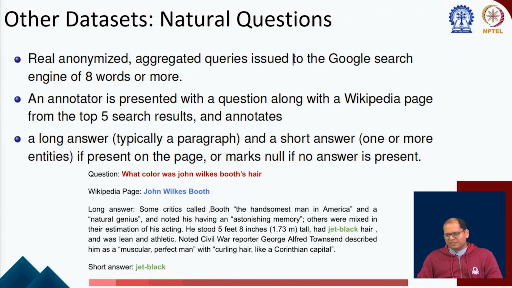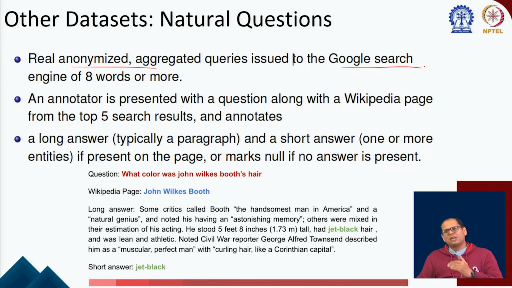Okay, so now let me talk about some other data sets. One particular data set was Natural Questions. With the previous SQuAD data set, what was happening is you select a passage and people were creating queries on that. They were not natural questions that people were asking on Google. So here, they took some real anonymized queries that were issued to Google search, of 8 words or more.